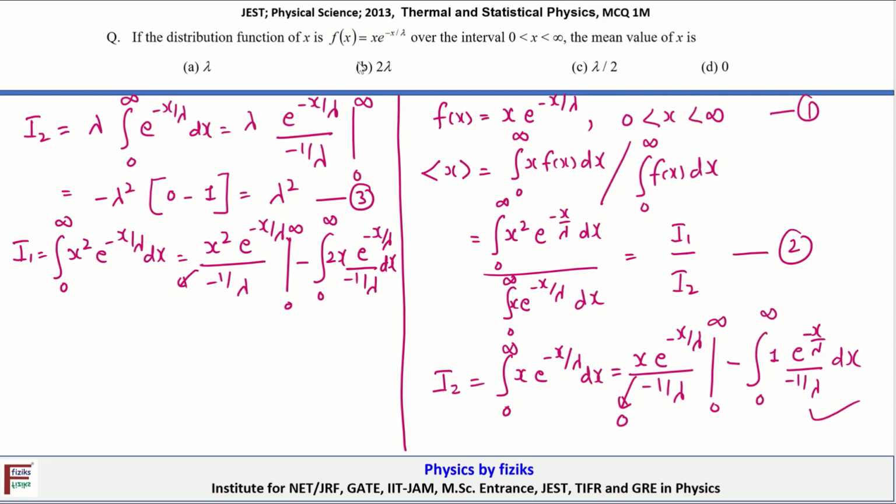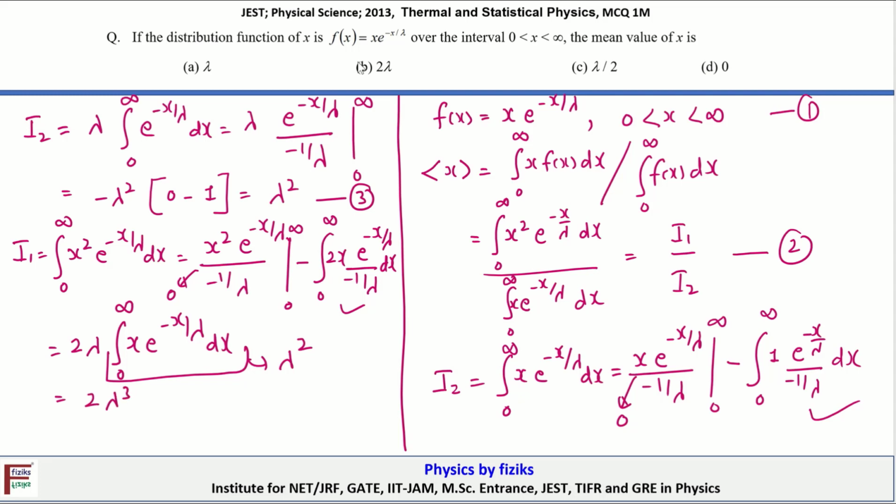Upon substitution of the limit, this reduces to 0. You can cross check it. Minus and minus become plus, so ultimately the second term gives a factor of 2λ times the integral from 0 to infinity of x e^(-x/λ) dx. This part we have already evaluated in equation 3, which is λ squared. Therefore I1 is equal to 2λ cubed.